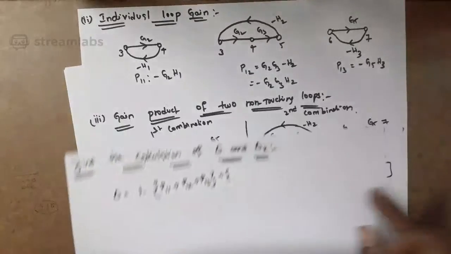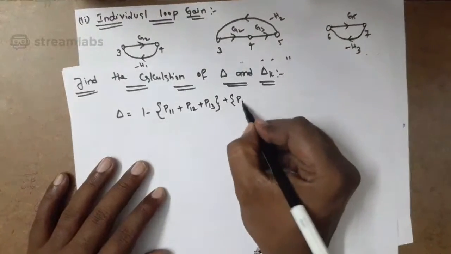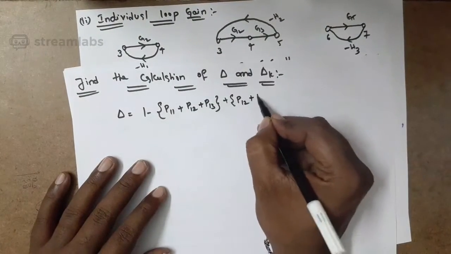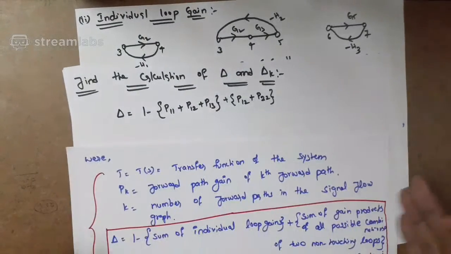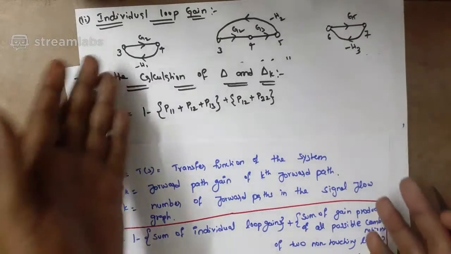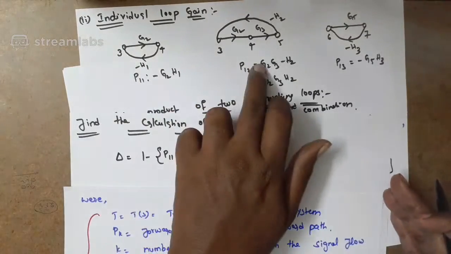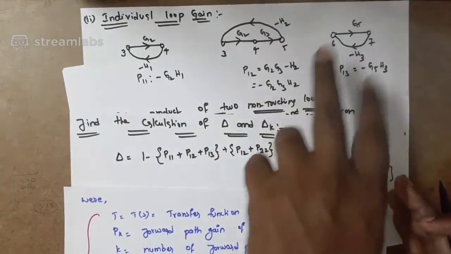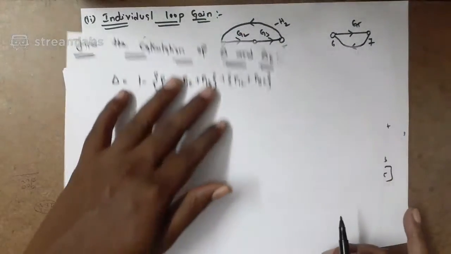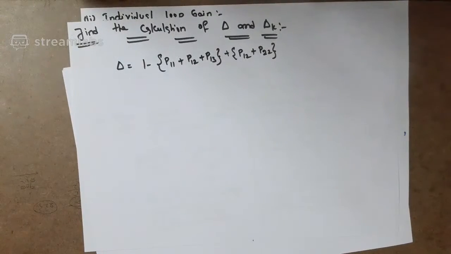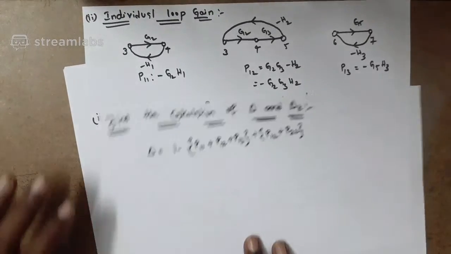So we are going to sum P12 plus P22. And another is the sum of three non-touching loops. We have only three loops, but two are touching loops, one is not. That's why we got two combinations of non-touching loops. So we can take from here. That's it. Now we are going to substitute the things here.